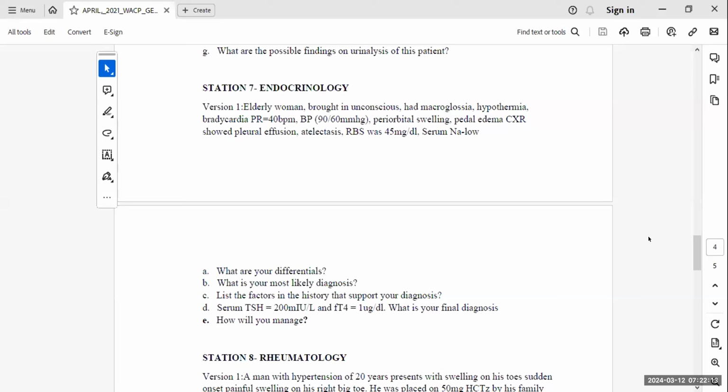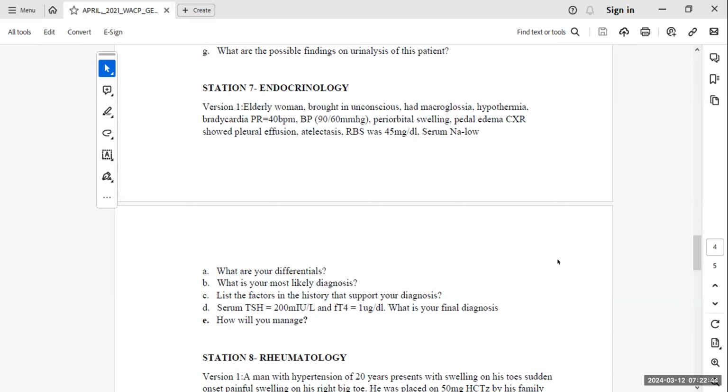Okay, so my first differential would be hypothyroidism, considering that this patient had myxedema coma, of course, from hypothyroidism, because this patient has coma, she's unconscious, she's hypothermic, bradycardic, and of course, the blood pressure is also low.